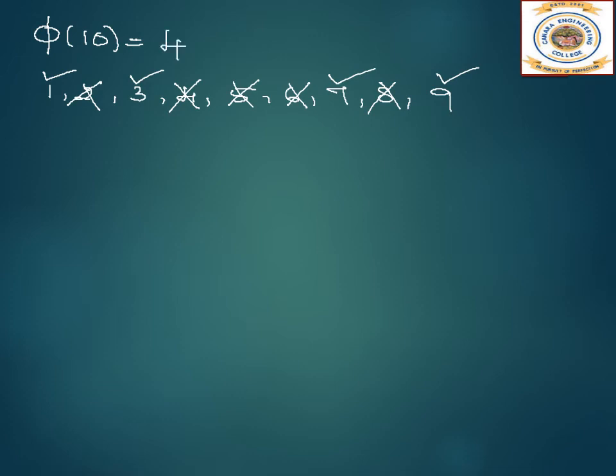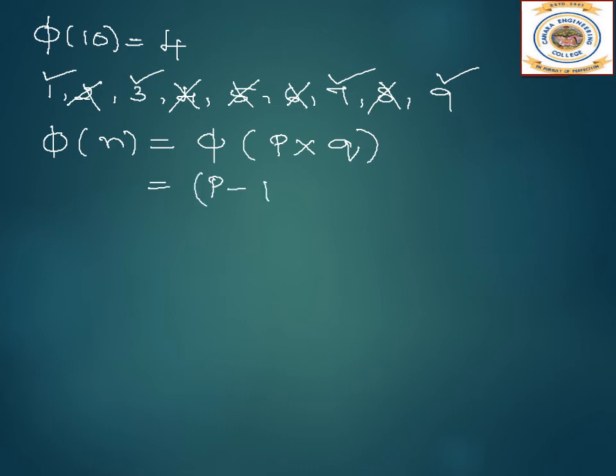Every time we cannot list out all the numbers and cancel out the numbers which are not relatively prime to that particular given number and write down and count. So here, in case we have a number phi of n, and if I can write this as a product of two prime numbers, then I can write the answer as p minus 1 into q minus 1.